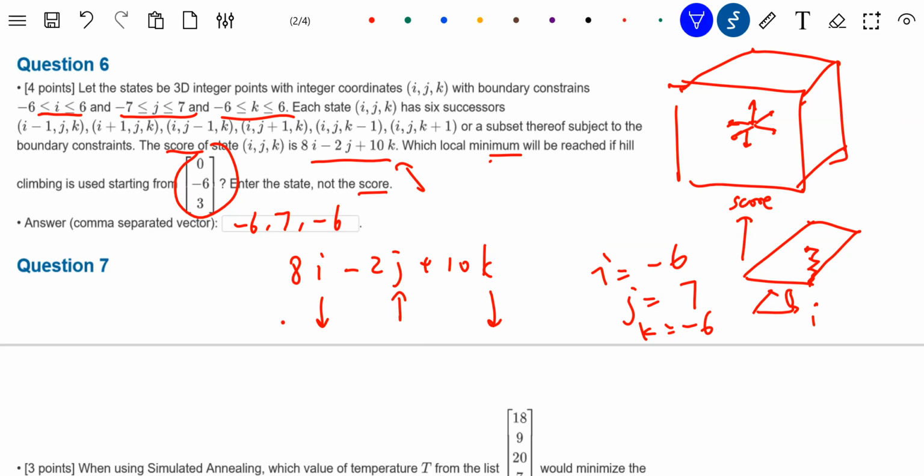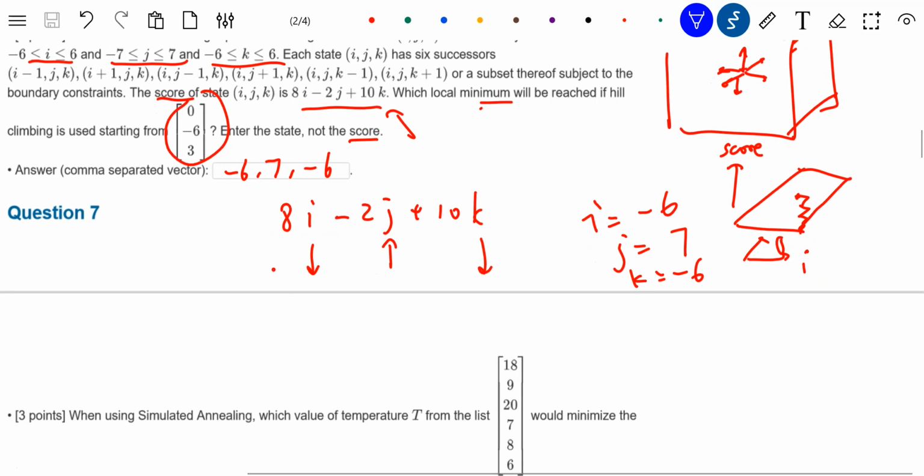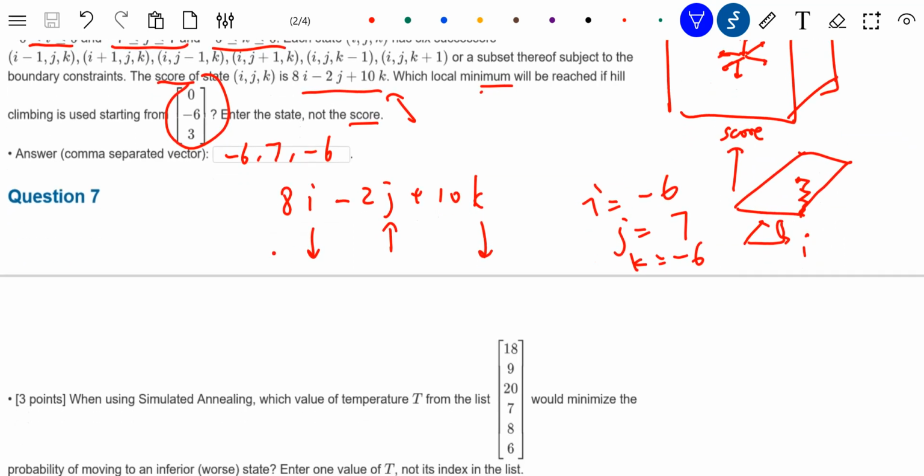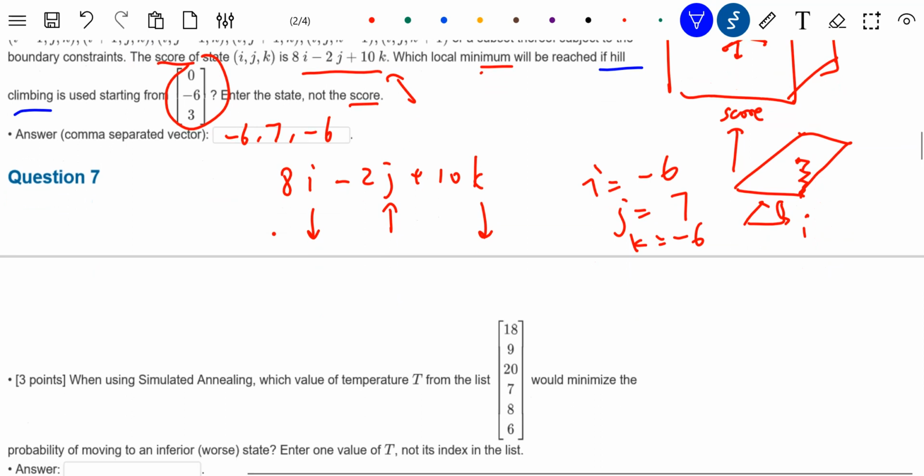And again, it doesn't matter where we start. So that's this local search problem. And actually, it doesn't matter what algorithm we use. Here we're doing hill climbing. If you use the other two, again, there's only one global minimum, so you always reach there.